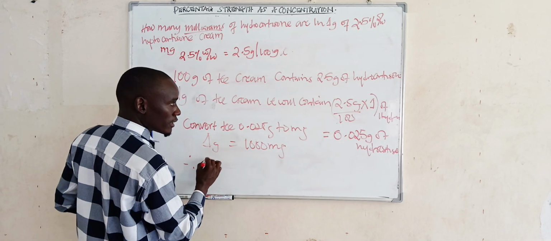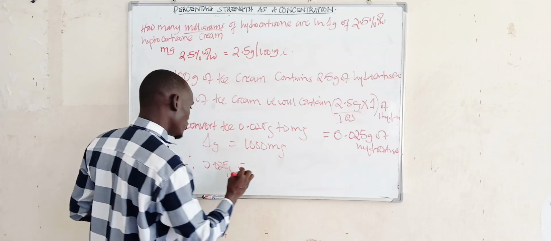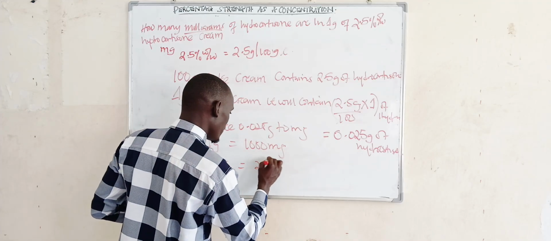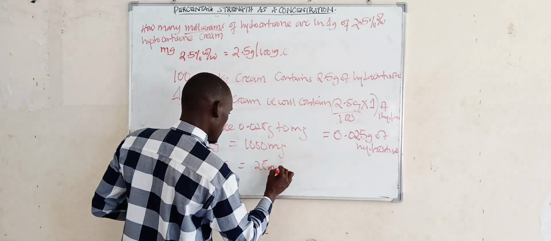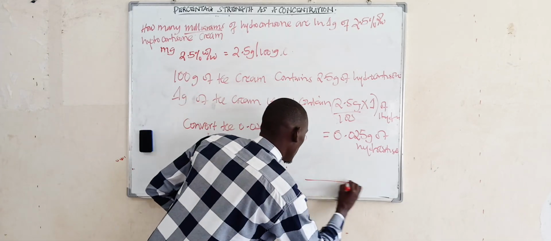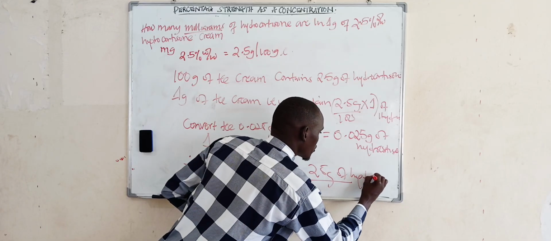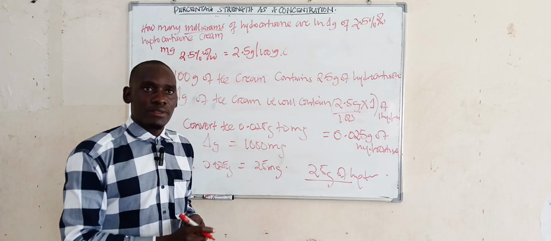Therefore, the 0.025 grams will be equivalent to 25 milligrams. And therefore, our answer will be 25 milligrams of hydrocortisone in the cream.